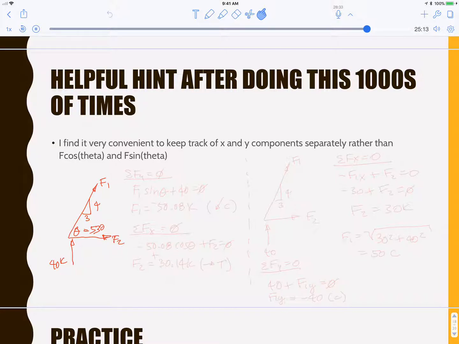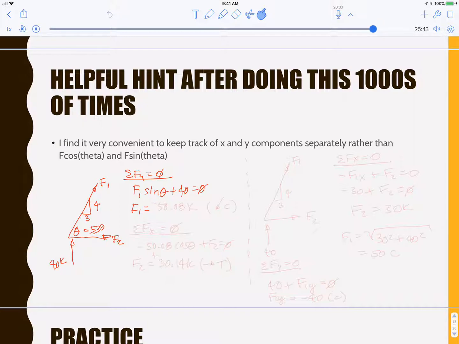So you decide to do sum Fy equals 0 first, and you get F1 sine theta plus 40 equals 0, and you solve for F1, and let me plug in 53 degrees for theta and see what we get.